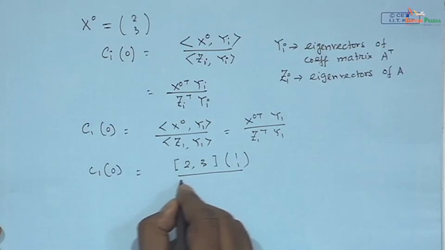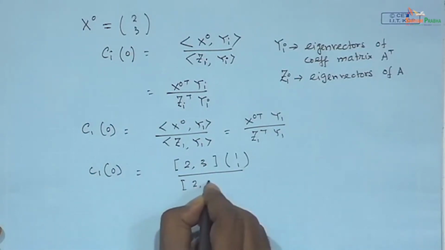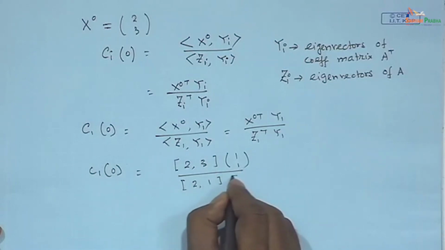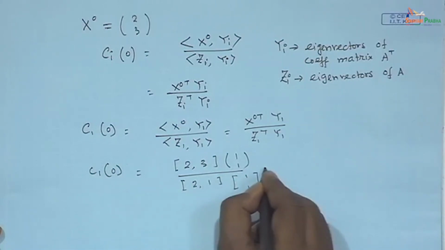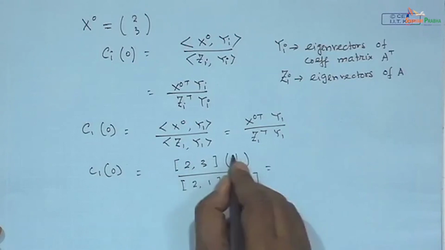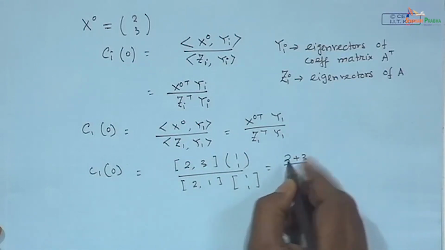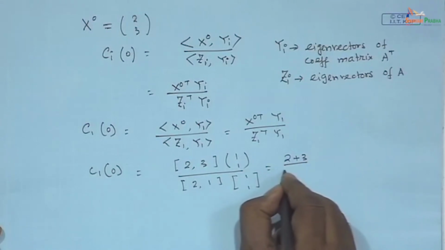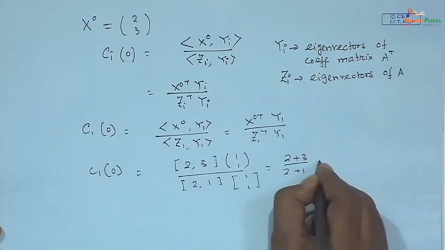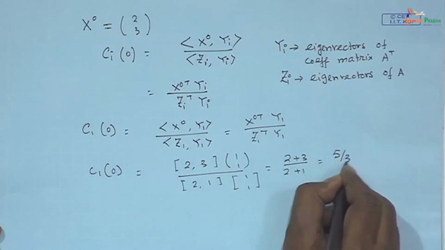Z 1 was the vector 2 1, and y 1 will be 1 1, so this will be 2 into 1 plus 3 into 1, divided by 2 into 1 plus 1 into 1. It will be 5 by 3.